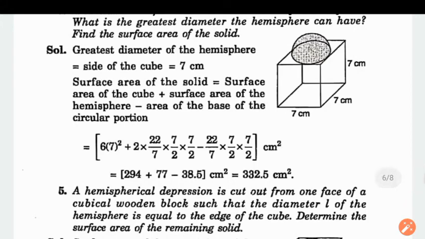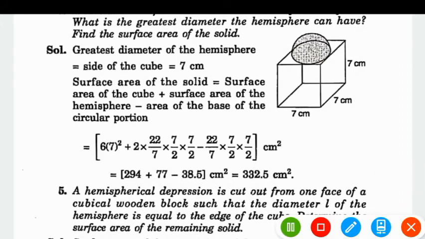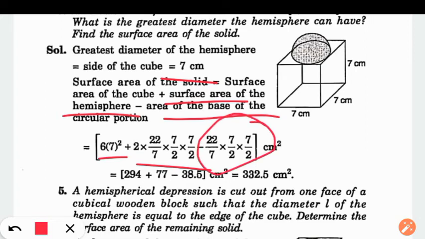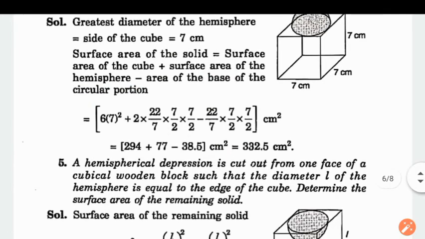So what is the formula to find the surface area of the cube? 6 into side square plus 2 pi r square for the hemisphere. Since this one is the diameter, r is half of the diameter, and minus the area of the base of the circular portion, pi r square. So after simplification, we have 332.5 centimeter square.